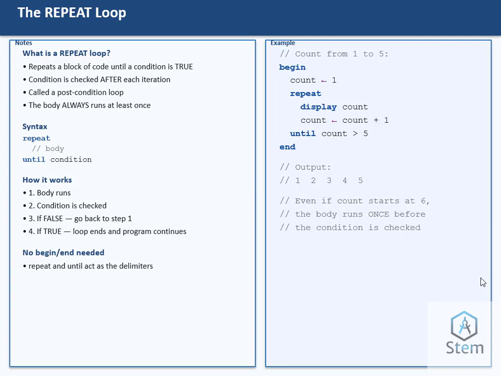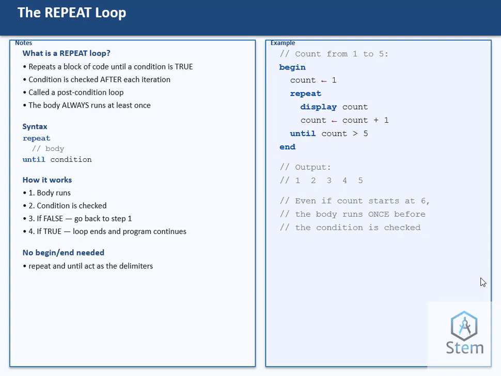Hello. The last loop which we are going to look at is the repeat loop. Now, the repeat loop is similar to the while loop in the sense that both are condition-based loops. However, the repeat loop is referred to as the post-condition loop.